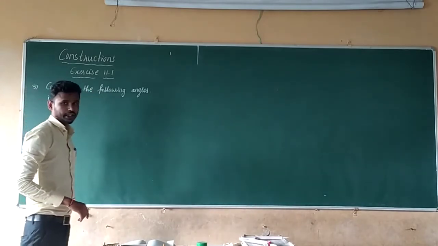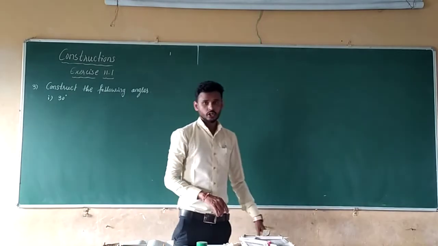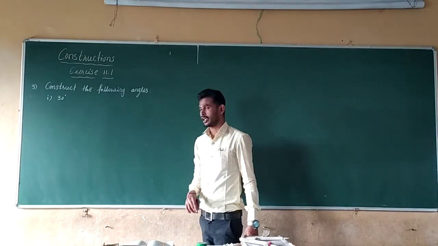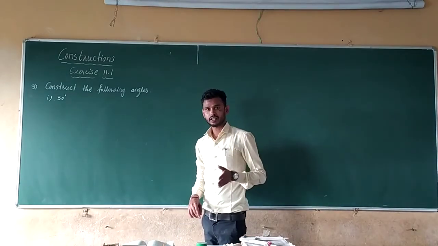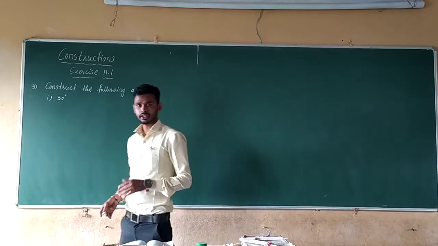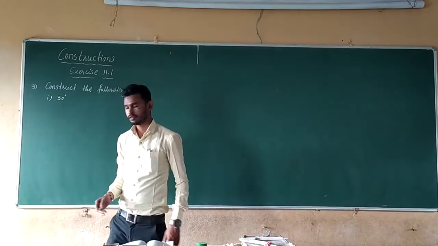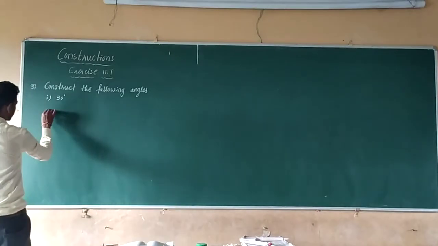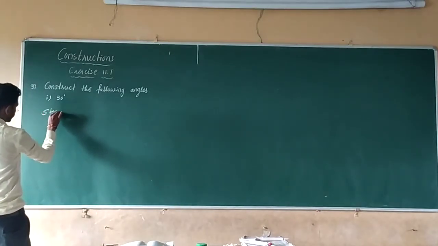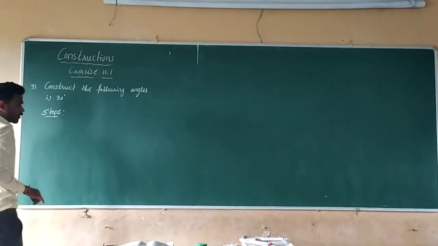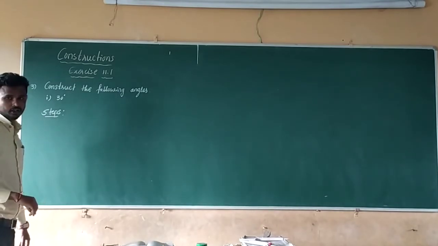First one, 30 degrees. So you know how to construct 60 degrees. In that, bisect the angle and you will get 30 degrees. That's it. So let us see. Already you know the steps of construction of 60 degrees. So first construct the 60 degrees.